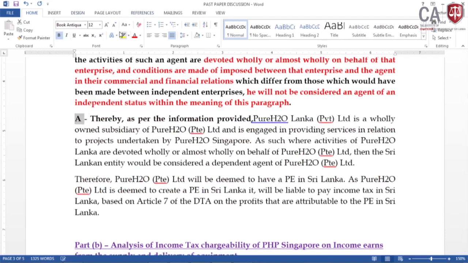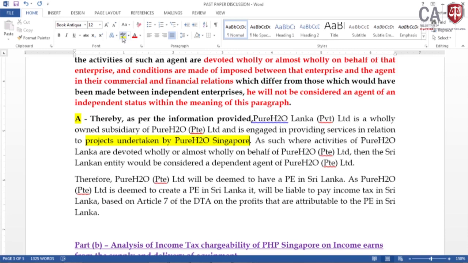What is the application it has given? As per the information provided, PHP Lanka Private Limited is a wholly owned subsidiary of PHP Singapore and is engaged in providing services in relation to projects undertaken by PHP Singapore. That is very clearly given. The entire business is constructing and commissioning water purification plants.